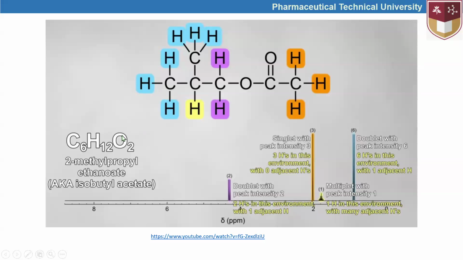That one adjacent hydrogen is this one. Why are these signals doublet? Because this hydrogen is causing a doublet signal to these two hydrogens and to these 6 hydrogens.